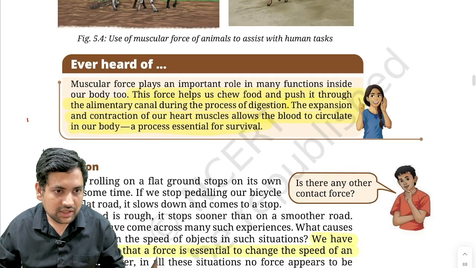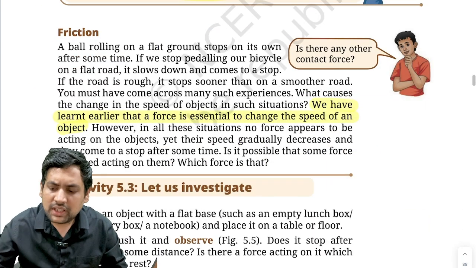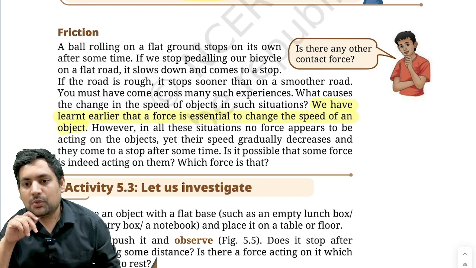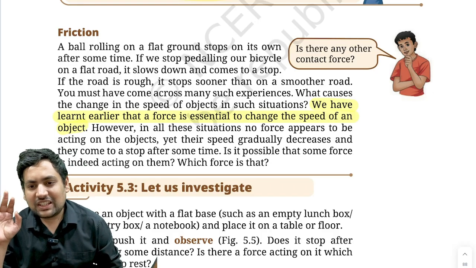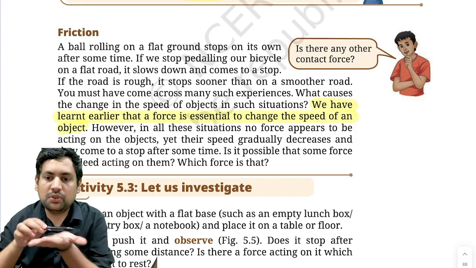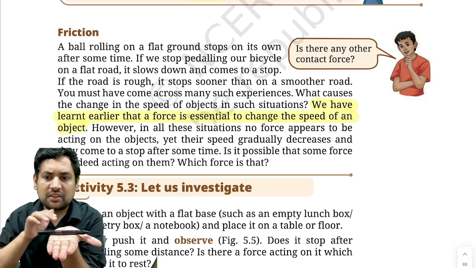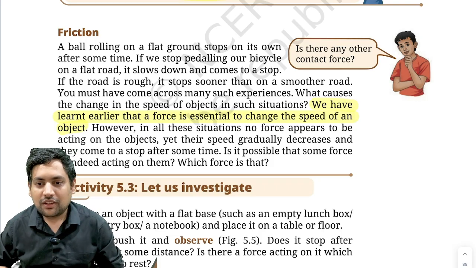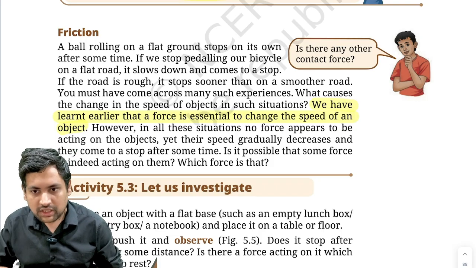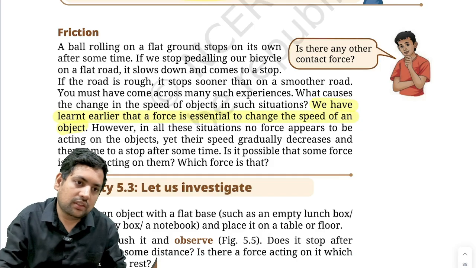Yes, this we had seen. Now we come to friction. We learned that a body in motion remains in motion, and a body at rest remains at rest, unless and until a force is applied to it. Now, if I push something, why does it stop? It should not stop. So there must be some force acting. What is that force acting against it?